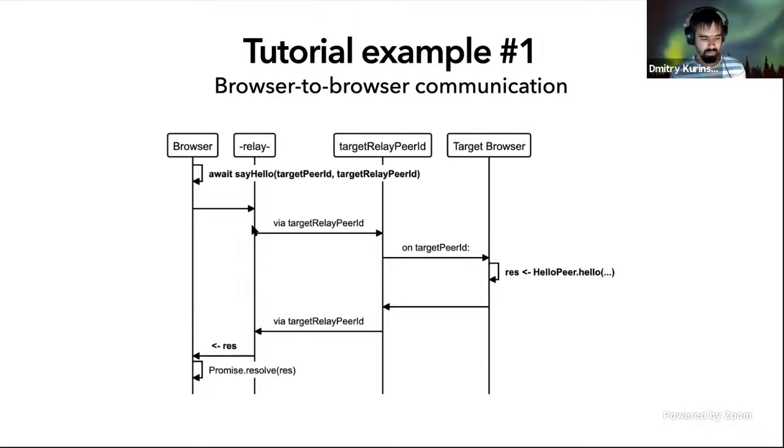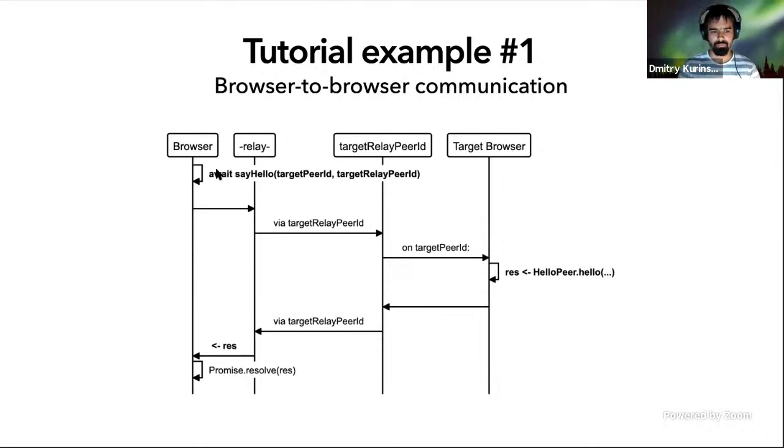As a web browser cannot be accessed from the outside and is limited in connectivity, it needs to connect to some node, which is called relay, to provide the routing services for the browser. Then if we want to get to another browser, we need to get to another relay.